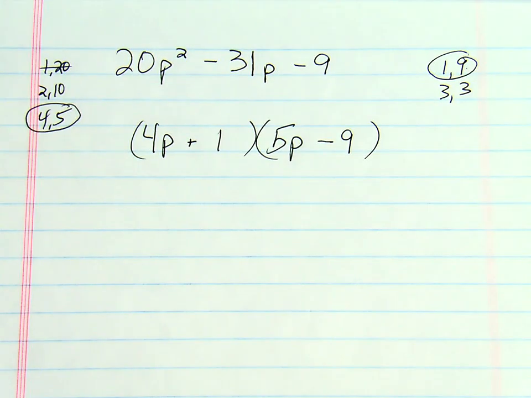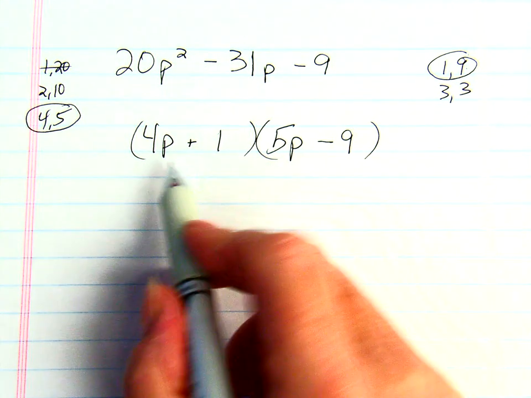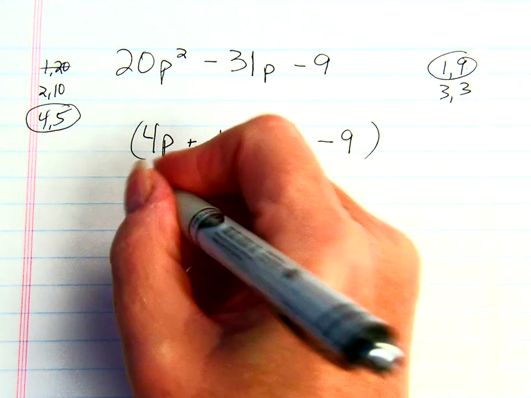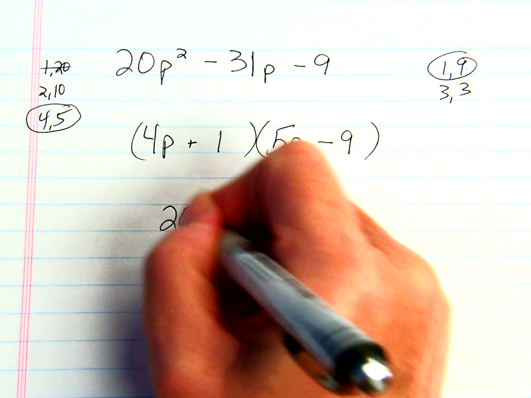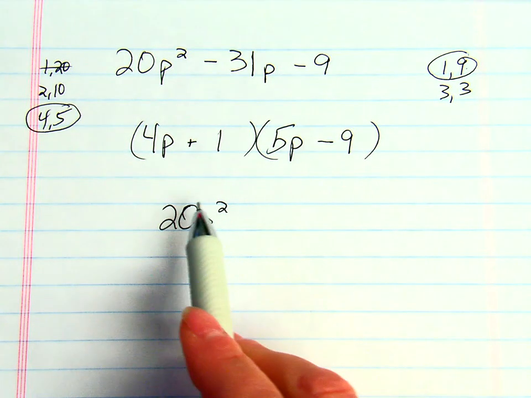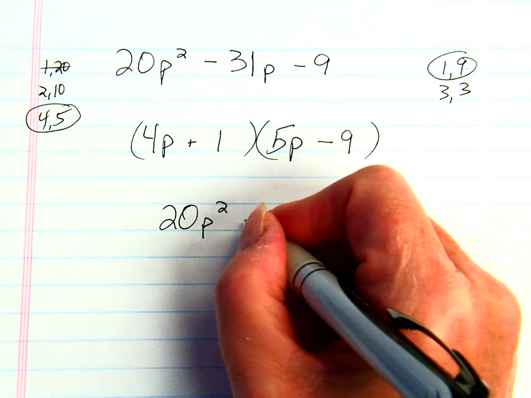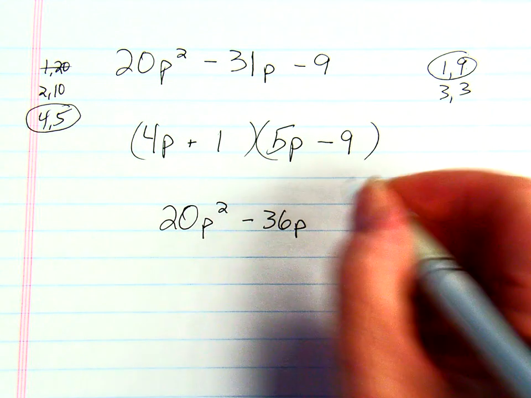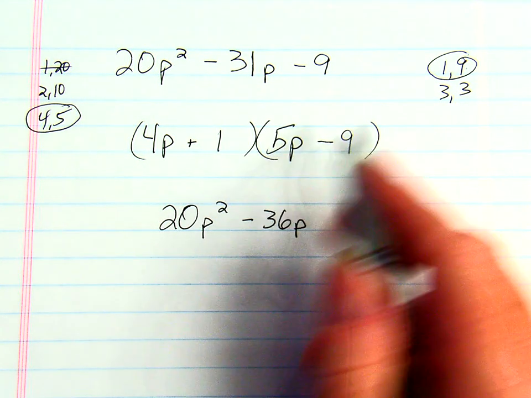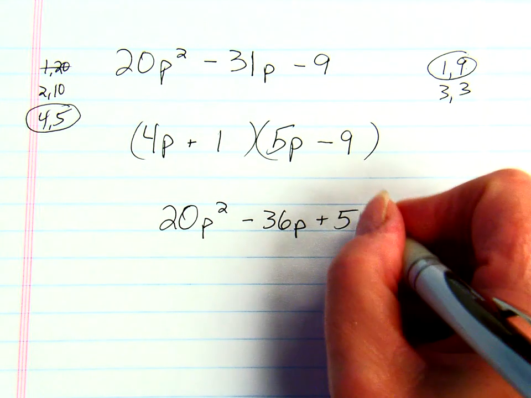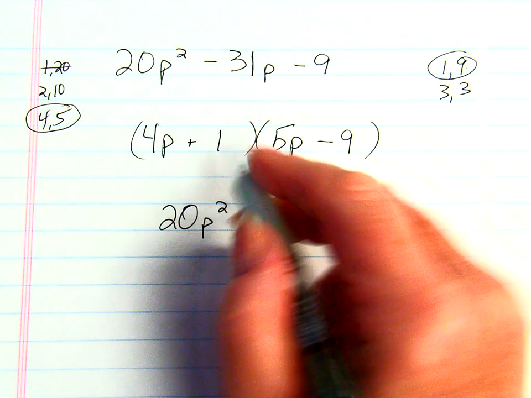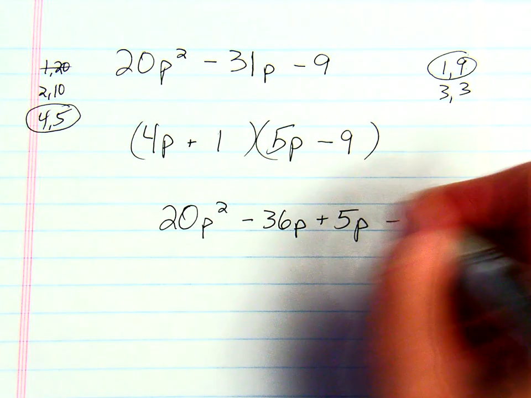Okay, now the exciting part is let's check it. 4p times 5p is 20p squared. And then outside is 4p times negative 9, which is negative 36p. Inside is 1 times 5p, plus 5p. And we're going to finish with a negative 9.